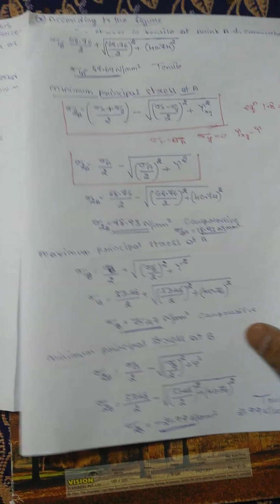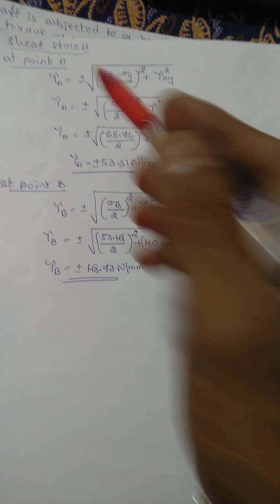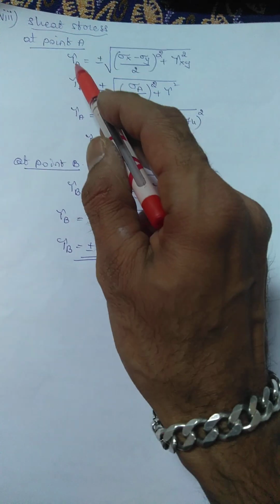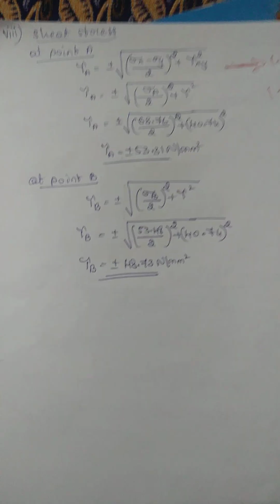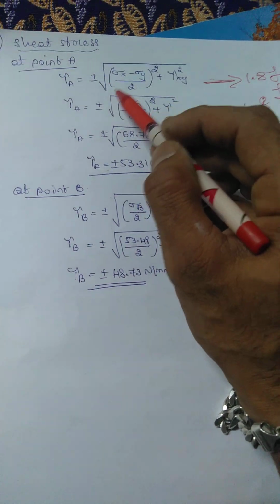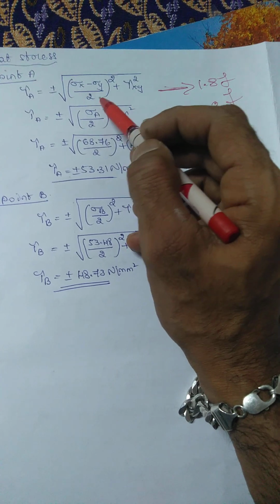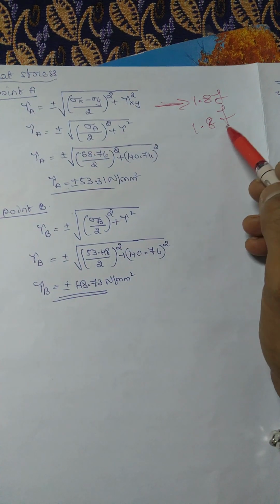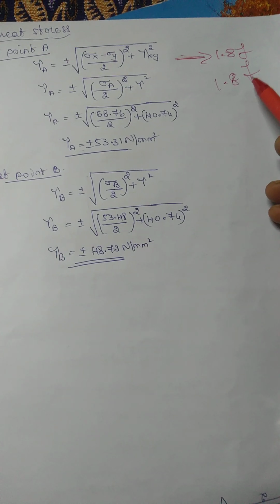Okay, so the next step is shear stress. Shear stress at point A, that is tau A, is equal to plus or minus square root of sigma x minus sigma y by 2 whole square plus tau xy square. That is equation number 1.8f in the Design Data Handbook.